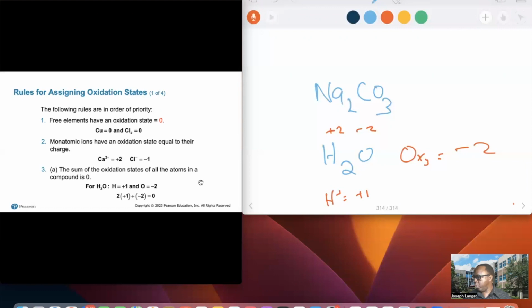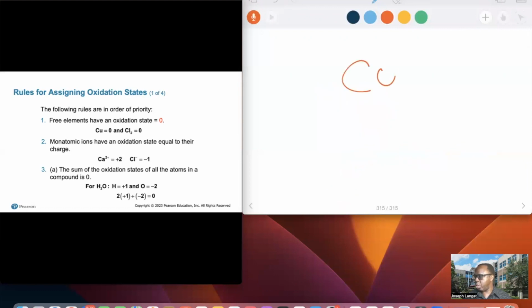It could also be, let's say, CO2. The last element, oxygen, takes first priority. So let X be the oxidation number for carbon, because we don't know, it can take any form. Don't use the periodic table, you need to do the calculation.